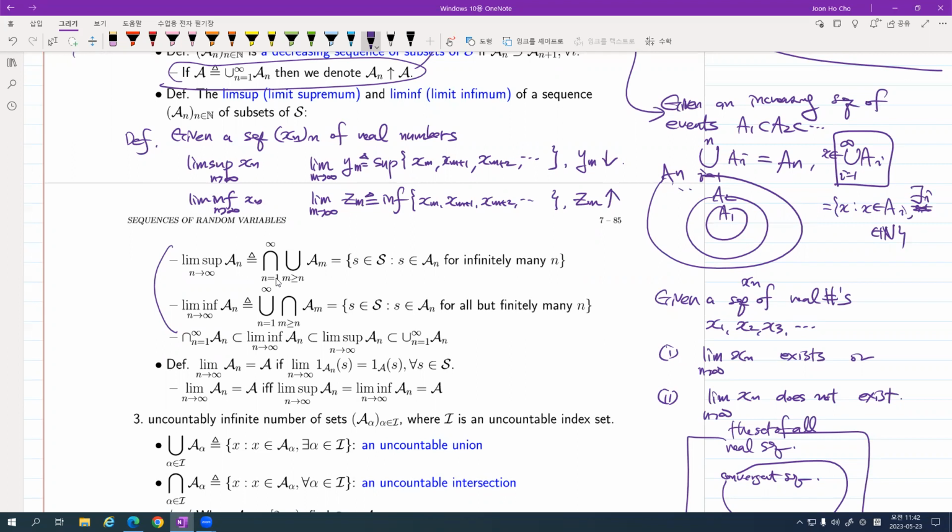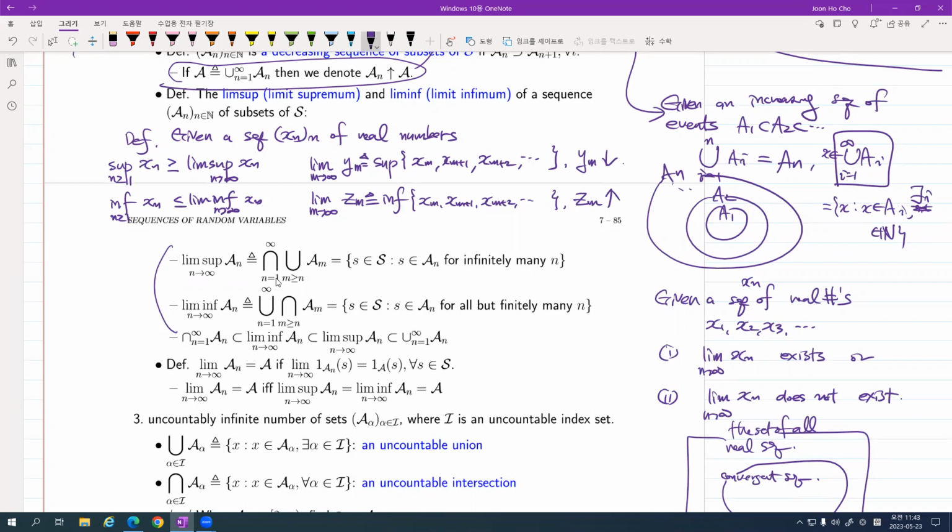And what about the relation between lim sup and sup of x sub n? Definitely, this is greater than or equal to lim sup, right? And what about infimum? You have this relation.